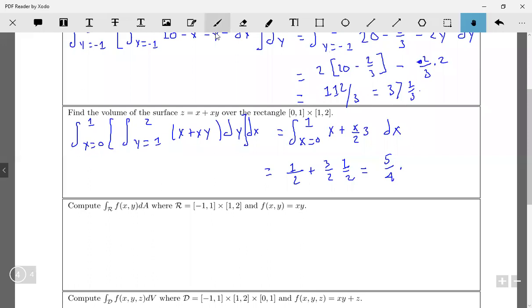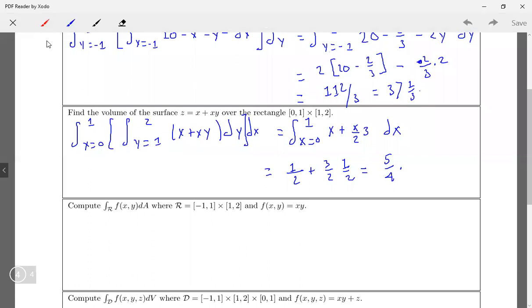Okay, so this example is similar to the ones that we've already seen, only now we have negative numbers, but I guess we've done that too. So x will go from -1 to 1. Y will go from 1 to 2, and the function we're integrating is xy.